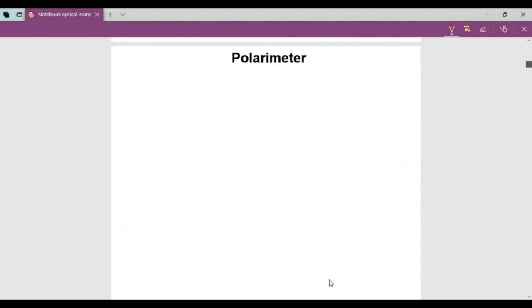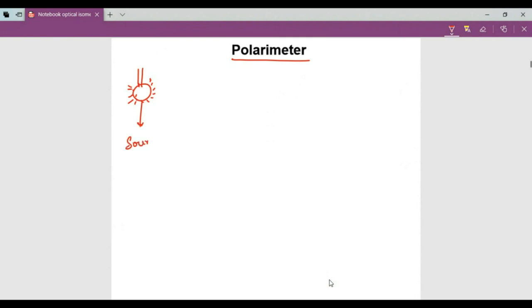Now, how do we come to know that a compound has this amount of optical activity or that amount of optical activity? What we do is use an instrument in the lab called a polarimeter. In a polarimeter, I am using some source of light here, and then there is a setting of Nicol prism.